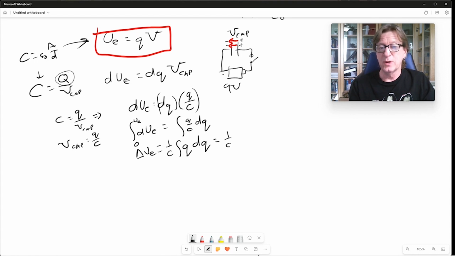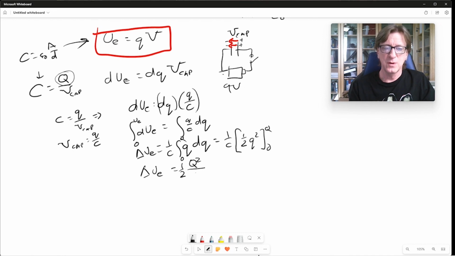So that's going to be 1 over C times 1/2 Q squared from 0 to my total charge. Let's write that out a little bit separately. So that's going to give me 1/2 Q squared over C, just like that.